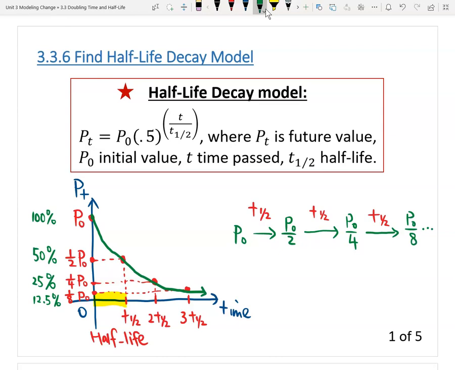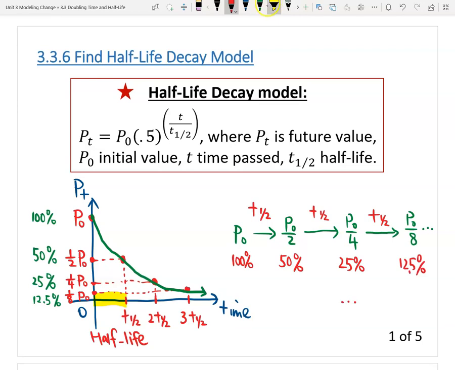Continue, it goes on. Okay, the same. If we look at the percentage, at the beginning it is 100% left. The second is 50%, right? It goes on to 25% and 12.5%, and it goes on.